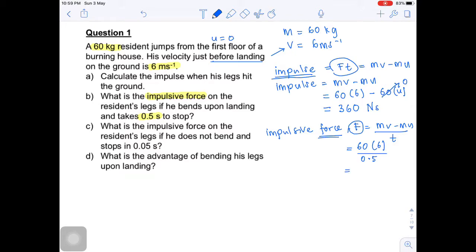So finally the answer is 360 divided by 0.5. So we have 720 Newton.